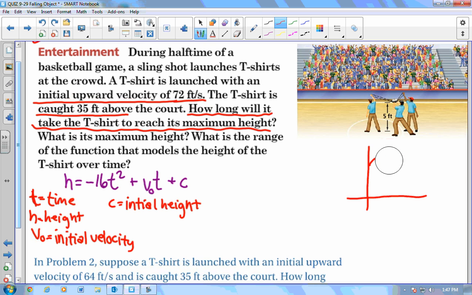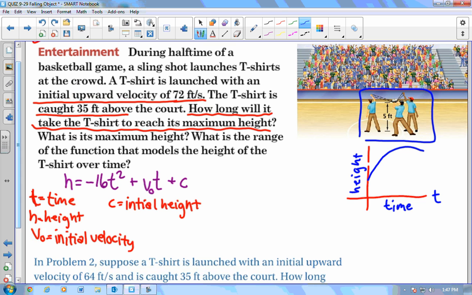No, it actually doesn't start at 0. Look at the picture. And there's more information on the picture. It starts at 5 and then it gets caught actually up here, doesn't it? So our x-axis is actually our t-axis, that would be time. And our y-axis is actually the h-axis, which is height.